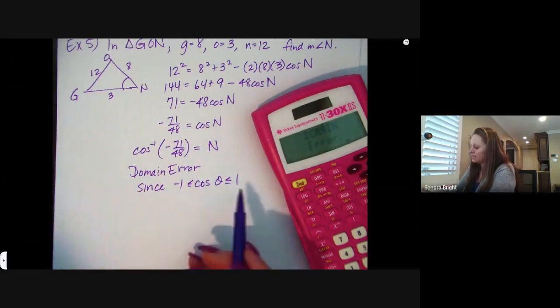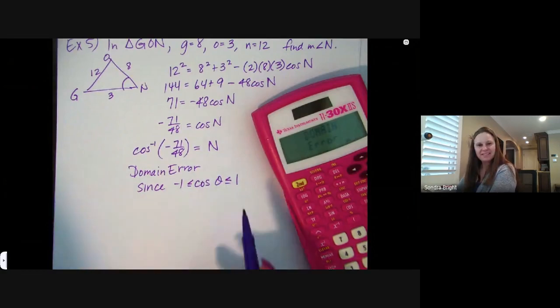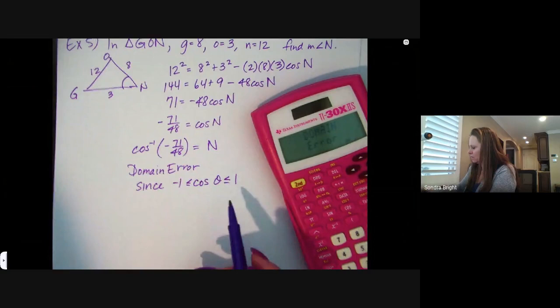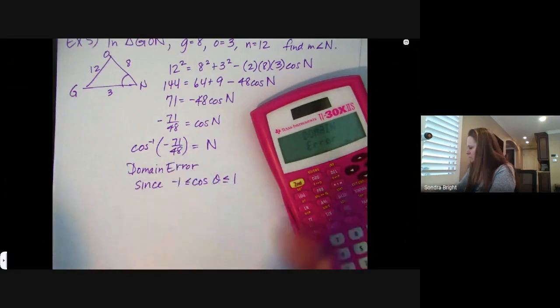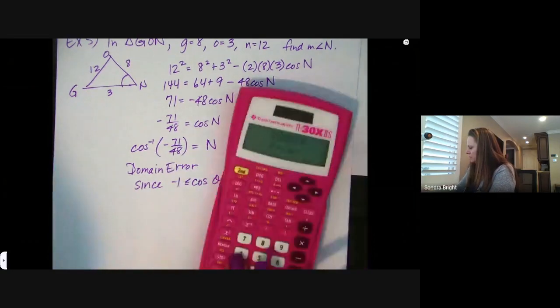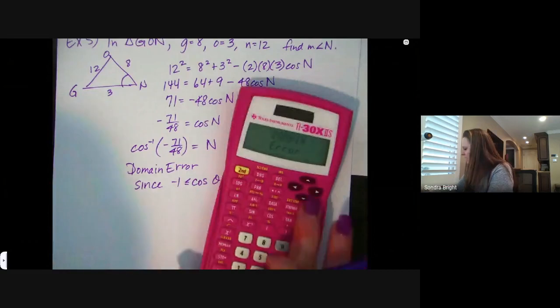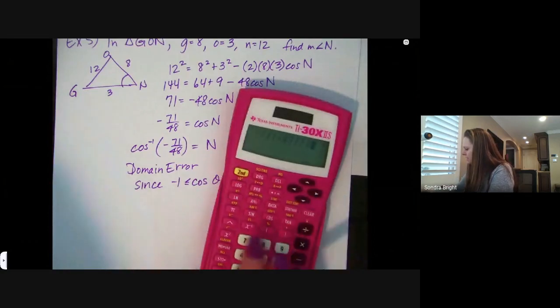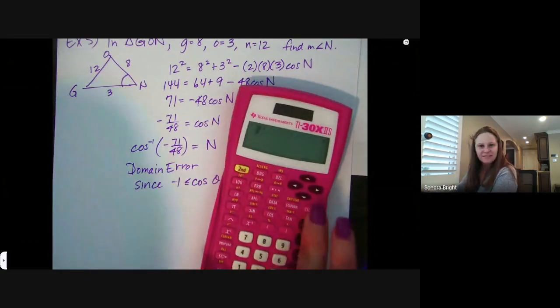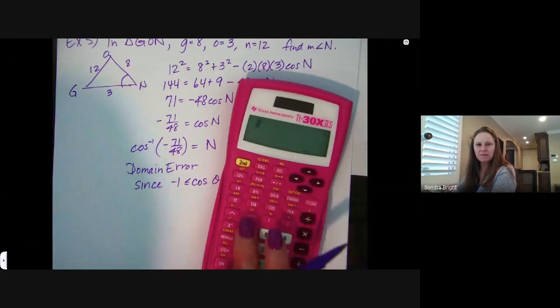So 71 divided by 48, let's look. Clear, 71 divided by 48. Here we go. 1.479.